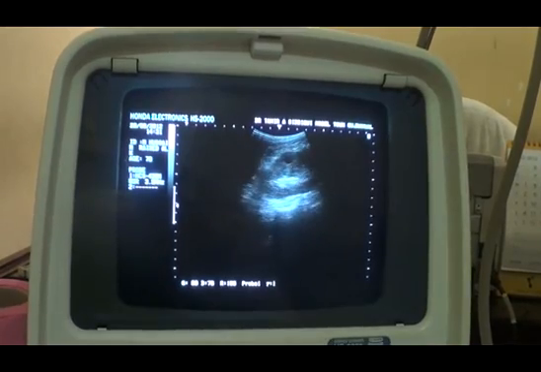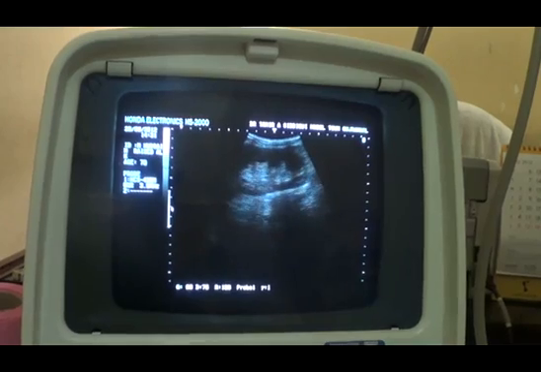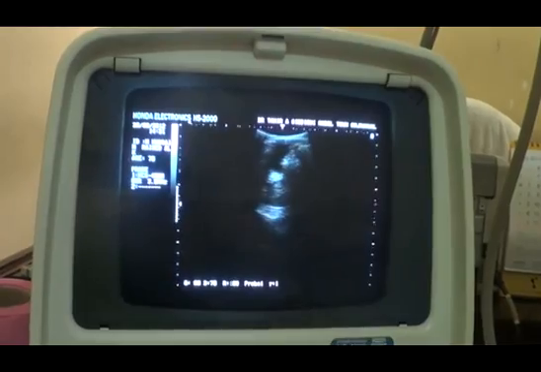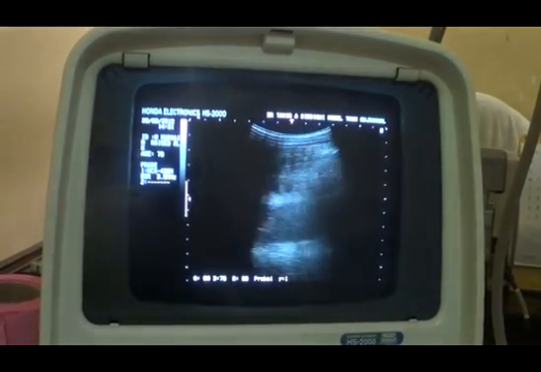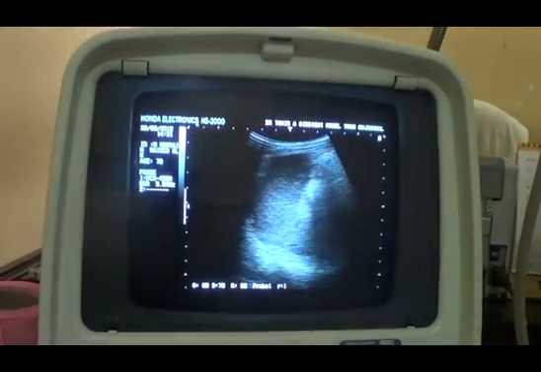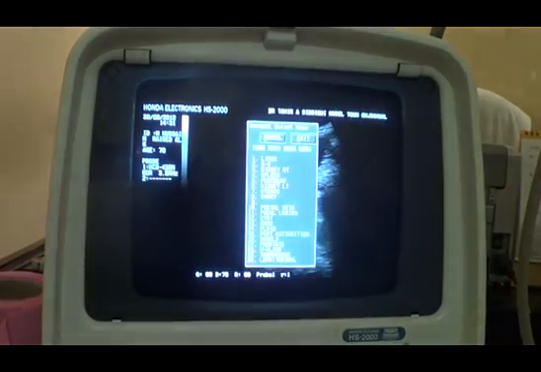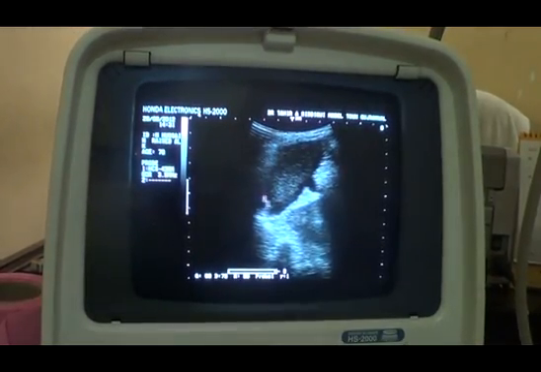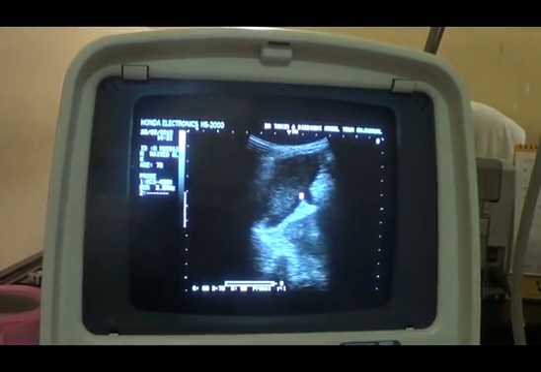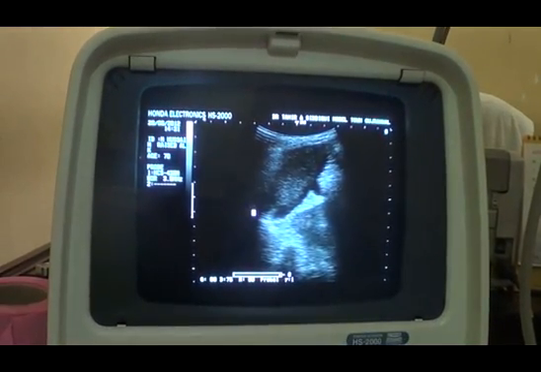Now this is the left kidney and is normal by all parameters, but there is fluid in the suprarenal angle, and this is the ascitic fluid. No purification seen. This is the spleen and this is the upper pole of the left kidney. This black area is the ascitic fluid. This is the diaphragm.